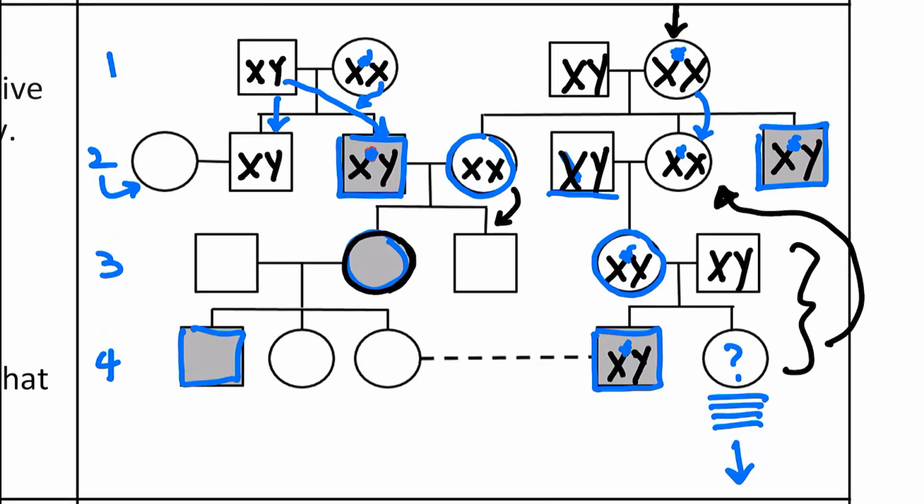So the only way females can show it is if both X's have the recessive allele. So if one X came from dad, the other X came from the mom, so this mom must be a carrier. Must be a carrier. All right, and so if that's the case, we have a male here, and it's not showing the disorder, so this is going to be an XY.